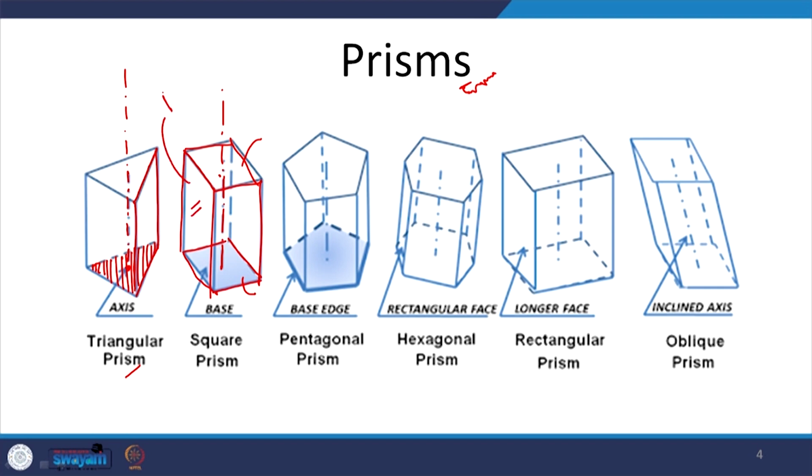So, what we have here is we have faces, we have a base, we have an axis. This is what we have for a prism.